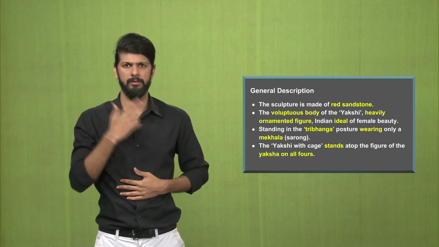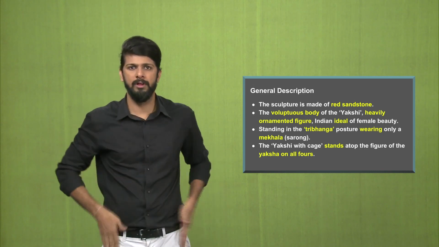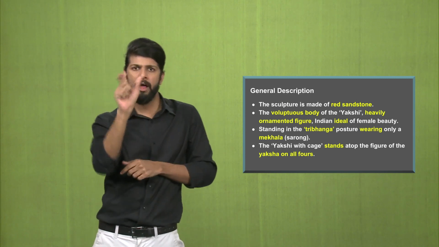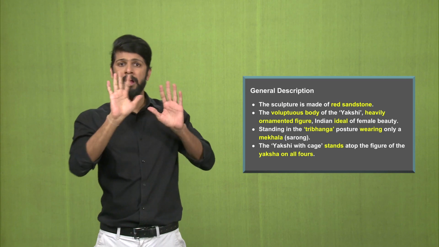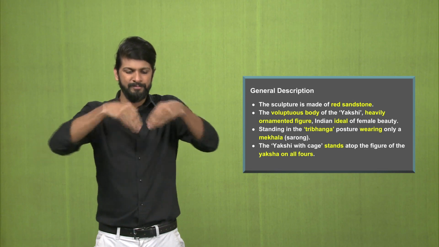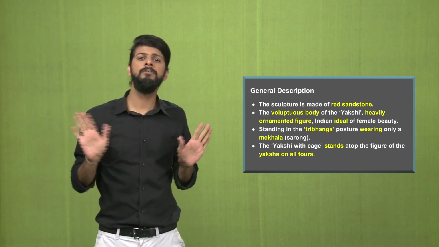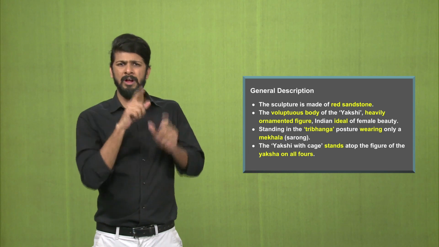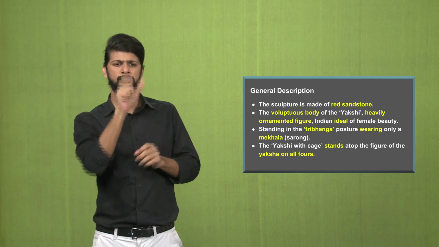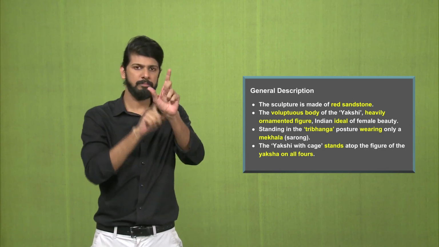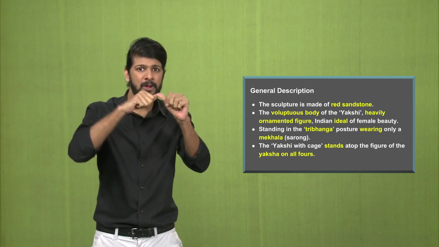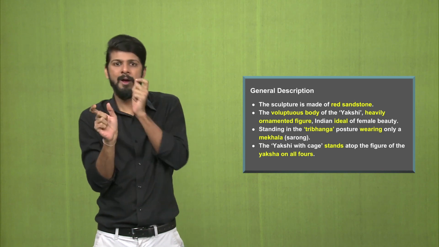This Yakshi is standing in a Tribhanga posture. The leg has a separate angle, the waist and the head all have a kind of tilt. She is only wearing a mekhla, a kind of skirt, and the Yakshi with the cage stands on top of a Yaksha, that is a male, and the Yakshi is a female.